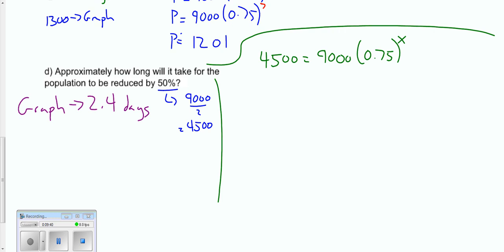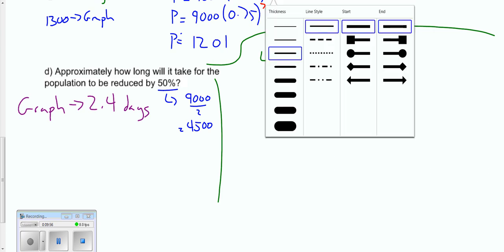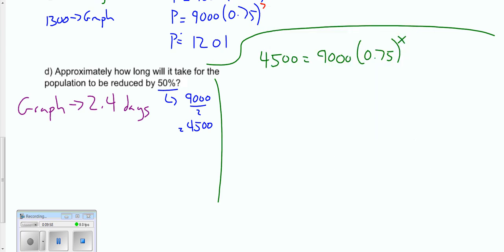So what I need to do is I need to isolate the power by itself. And again, the power is this piece right here. Okay, I need to get that piece all by itself. And in order to get that piece all by itself, I need to remove that 9,000. So in order to remove the 9,000, because I have 9,000 times this power, I'm actually going to divide both sides by 9,000.